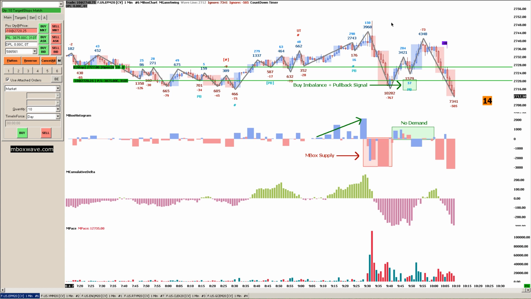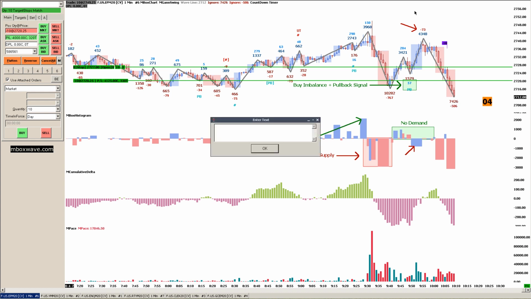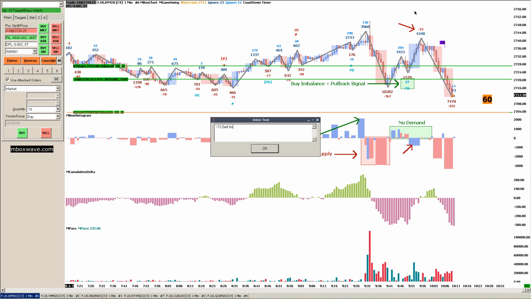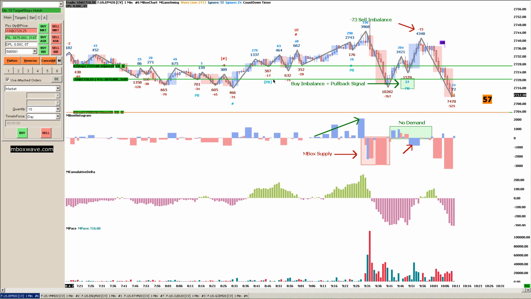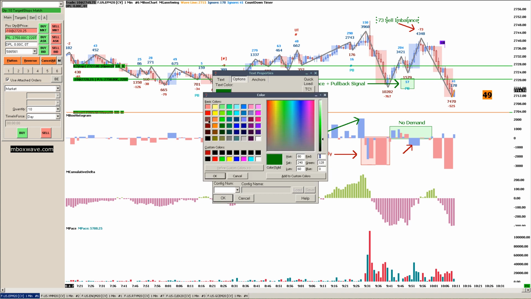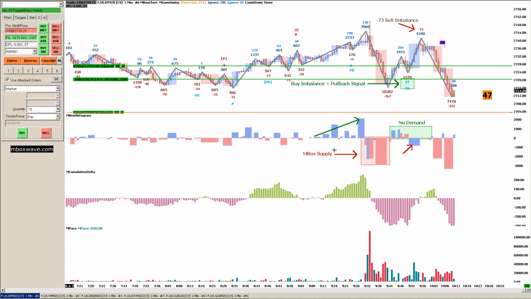So we had a sell imbalance here, and we had a MBox, a minus 73 sell imbalance. So we're trying to watch the markets at the same time. So that's the wrong color. All right, and we also had a sell imbalance here.